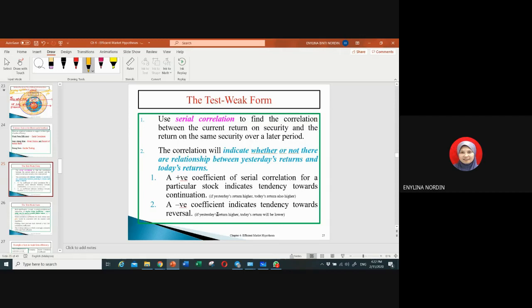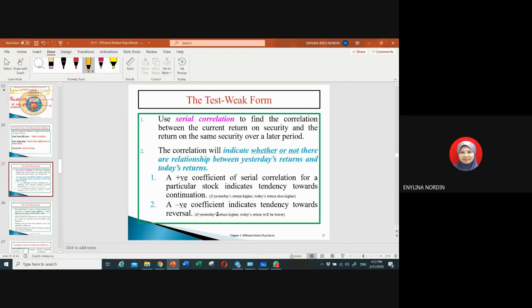That means if we get a negative serial correlation coefficient, let's say -1, it shows that if yesterday's stock price declined, we predict today's stock price is going to increase. If today's stock price increases, then we can predict tomorrow's stock price will decrease.